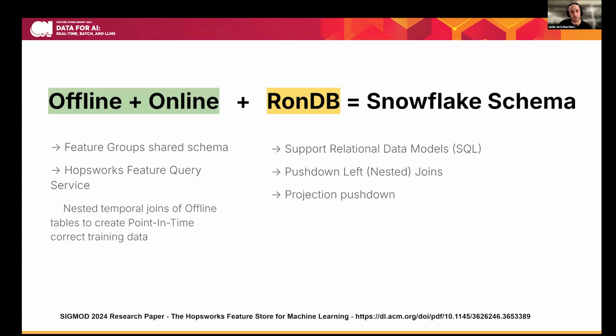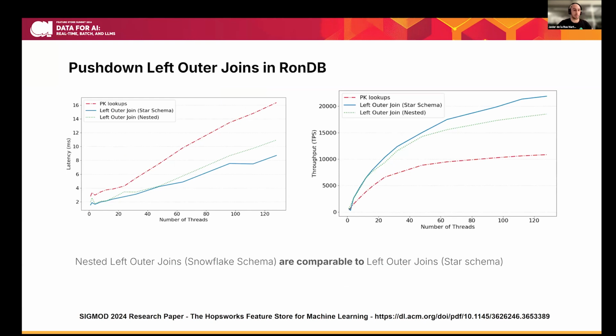We have some peer-reviewed results that we published in our research paper at SIGMOD this year, where we have some numbers. We compare how push down left joins perform compared to iterative primary key lookups, and also a comparison between the star schema data model and the Snowflake schema data model.